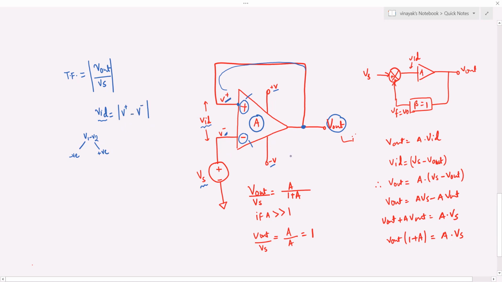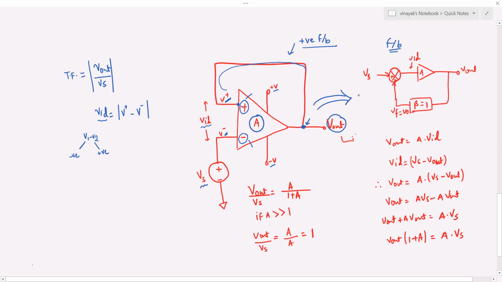Okay, that's the difference. So this circuit can be represented in terms of a block diagram like this, where this is the block diagram of a feedback system. This is the feedback system, and here is also a feedback. Now since the output is connected to the positive pin of the amplifier, we call it a positive feedback circuit, a circuit involving positive feedback.